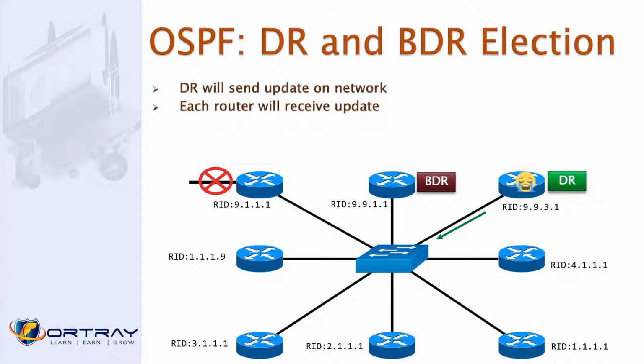The DR is responsible for sending the update on the network, and each router will receive the update. So a router doesn't need to inform all the routers; it only needs to inform the DR, and the DR is responsible for sending it to all of them.